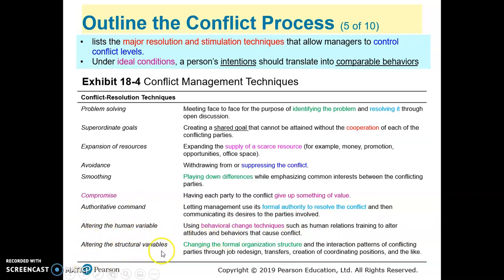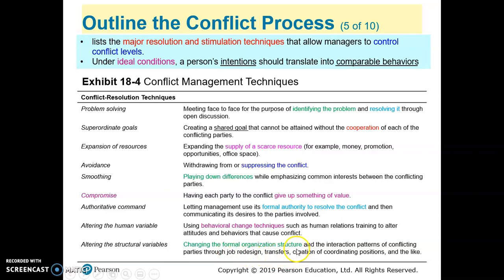Altering the structural variable means changing the formal organization structures. Sometimes conflicts happen because the structures of the organization can easily create conflicts. By changing the formal organization structures and interaction patterns, we could reduce or resolve some of the conflicts through job redesign or transfer.